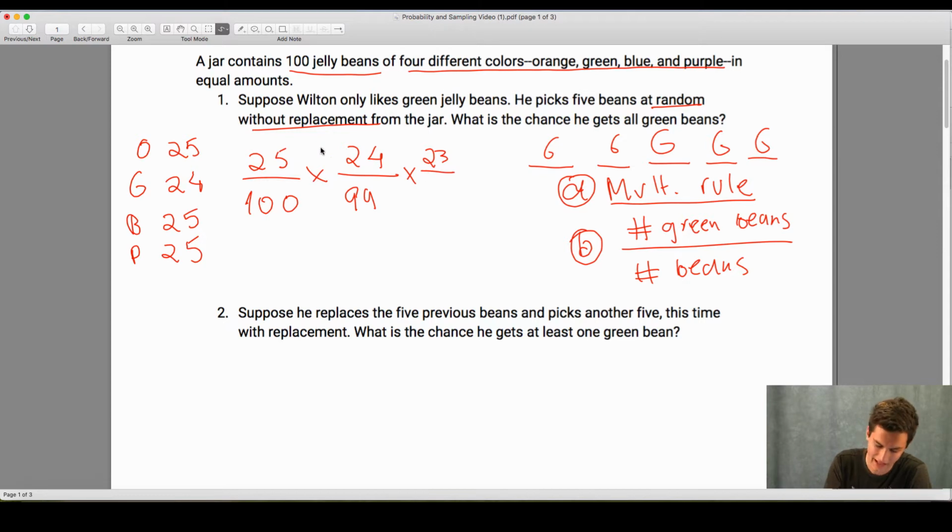After I sample 2 green beans, there are only 23 green beans left in my original jar, for a total of just 98 jelly beans. So if I keep going with this approach, I am going to get this nasty probability.